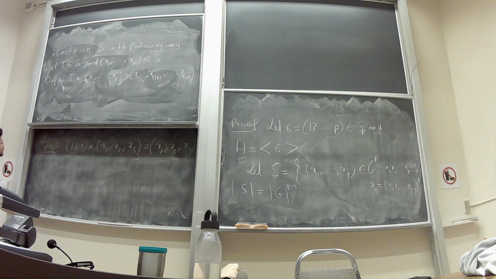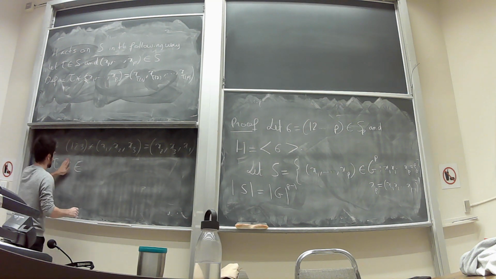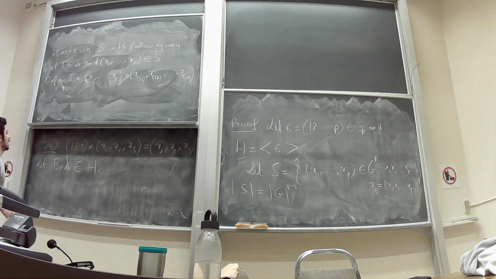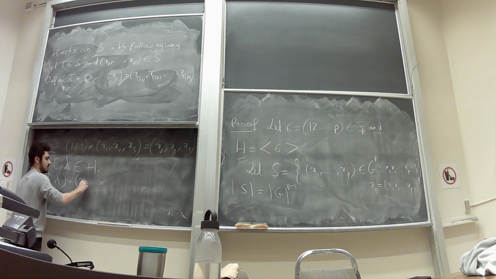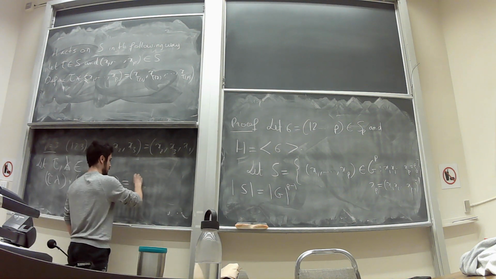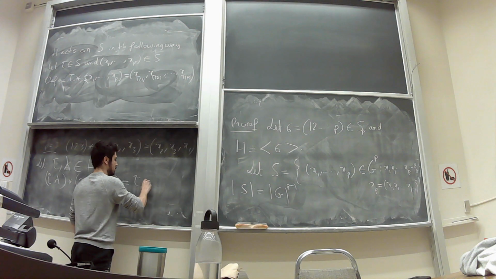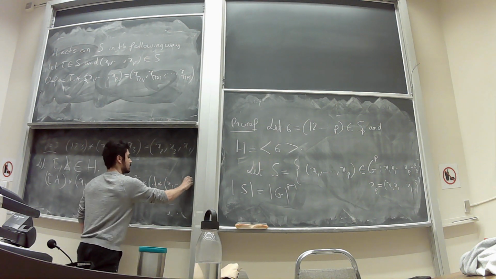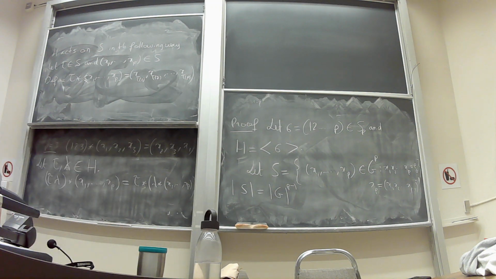Now, need to show, so let tau and lambda be in H. I need to show that (tau lambda) star (x1, ..., xp) is equal to tau star (lambda star (x1, ..., xp)).